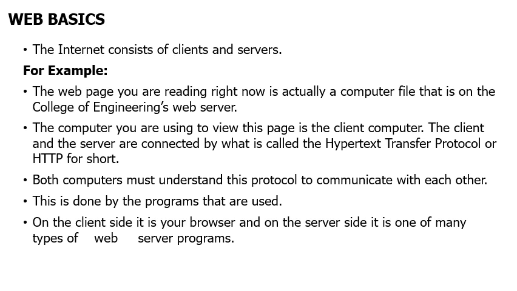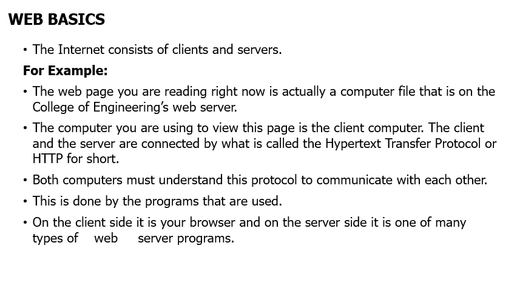For example, the web page that we are reading on the computer is actually a file in the client computer. So the web page we are viewing as a user is on the client computer.